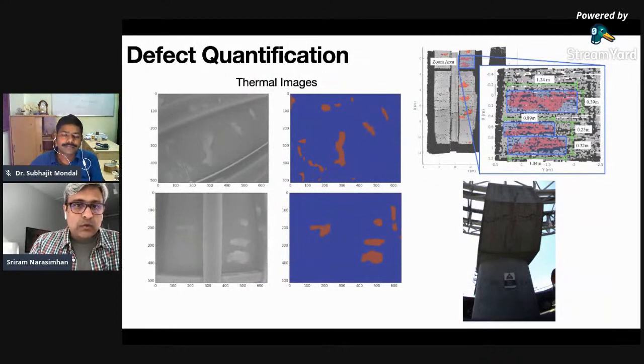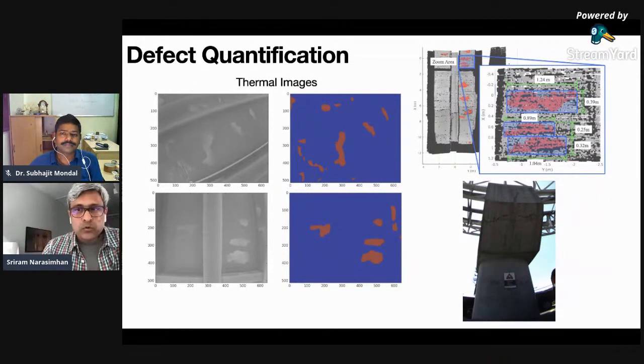Like here, I'm showing you delaminations in concrete. Delaminations are these subsurface voids that occur in concrete. And because of the thermal gradients, you are able to detect them in the infrared images. So here I'm showing you how we have used our robots to detect and quantify. It's not enough to say, hey, there's a delamination.